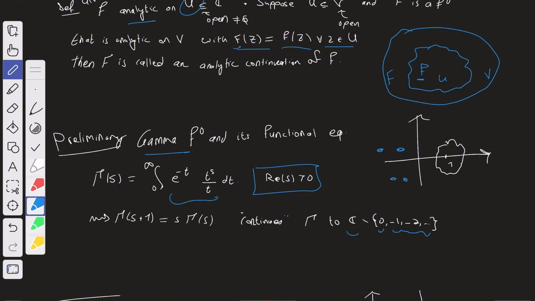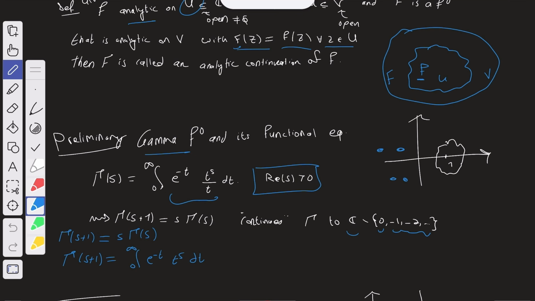We are going to prove that the gamma function has the functional equation gamma(s+1) = s gamma(s). This is really an easy integration by parts task. So let us see how to do this. Gamma(s+1) is equal to the integral from 0 to infinity of e^(-t) t^s dt, since it is t^(s+1) over t, so it's t^s.